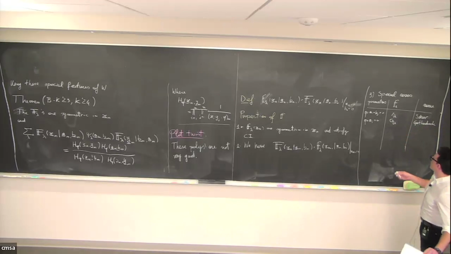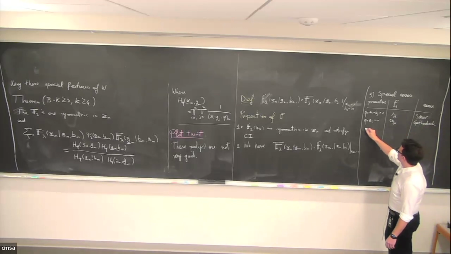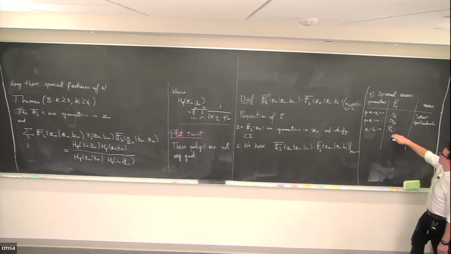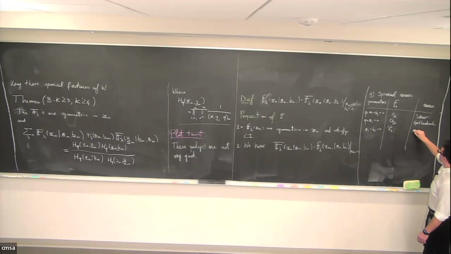Okay, I think I remember what I want to write. If you keep q positive but only set a_i equal to b_j equals 0, you get polynomials that have been defined before, the q-Whittaker polynomials.